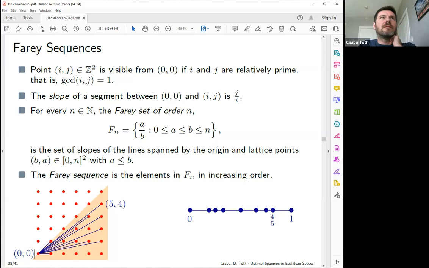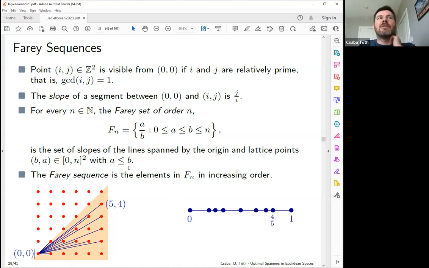A primitive vector is a vector where the two coordinates are relatively prime, and Farey sequences are exactly these ratios, the slopes of primitive vectors.